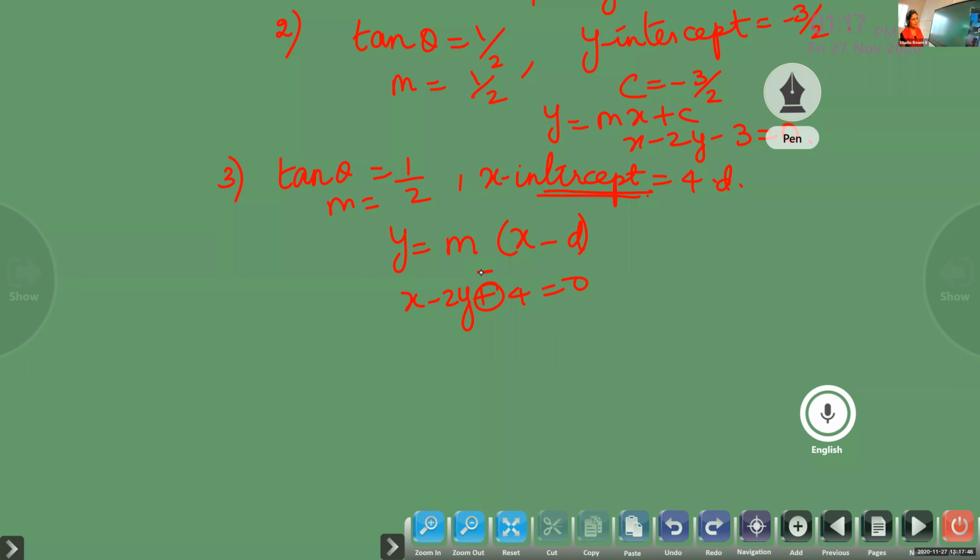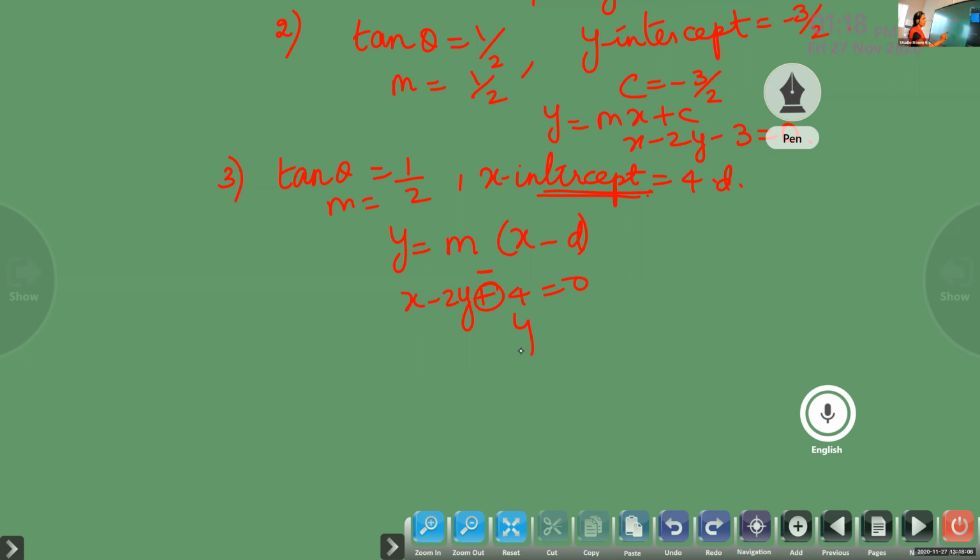Shubham, are you getting this answer? Is it clear? Value of m is 1 by 2. And what is x-intercept? d. Substitute here.